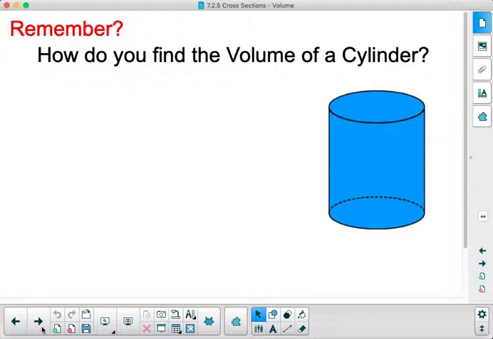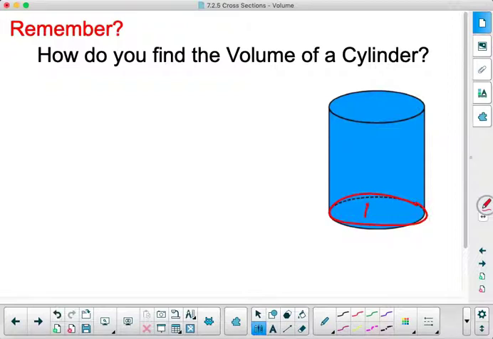And so here's what I'm going to ask all of us. Here's a normal looking shape, and this is just a cylinder. And if I asked you how to find the volume of a cylinder, hopefully you'll say, well, I just need to figure out what the area of my base is. Then I just want to add up a bunch of these bases all the way to the top, and I can multiply by that height.